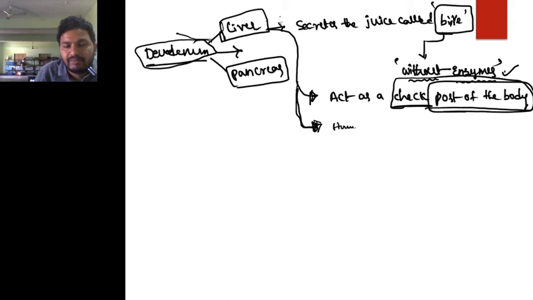That process is called emulsification. The bile juice mainly helps the process of emulsification. Emulsification means the fat contents are split into small globules.